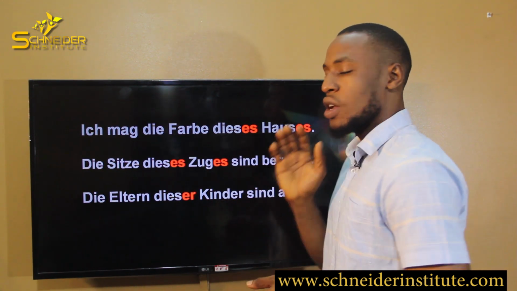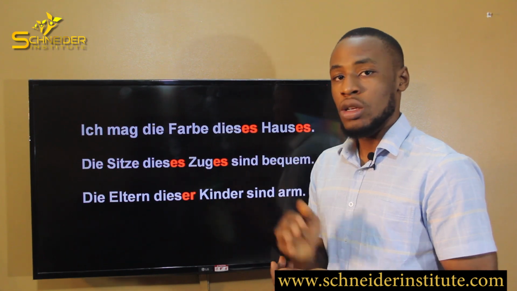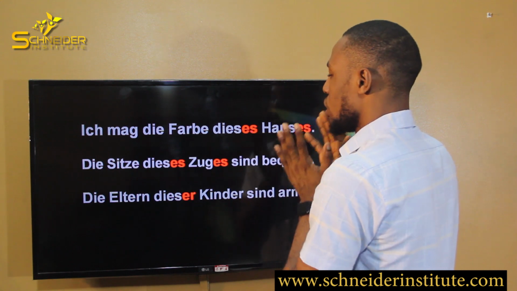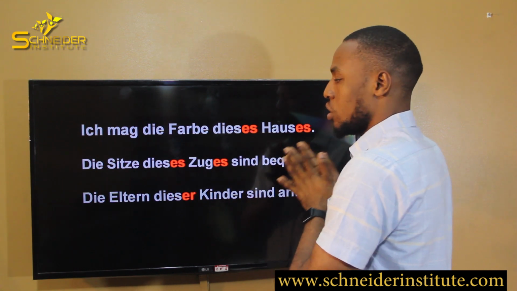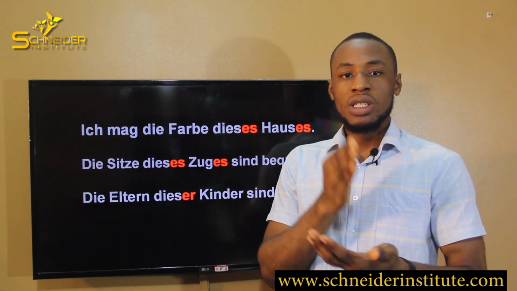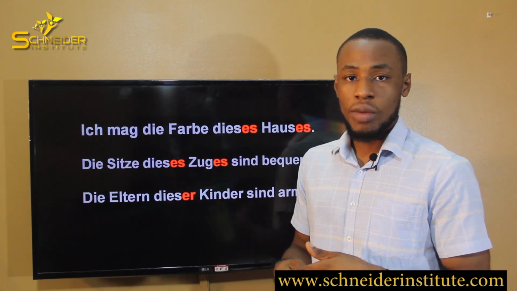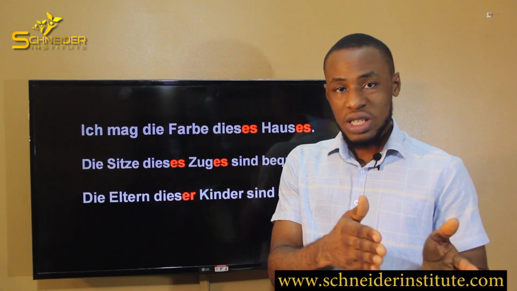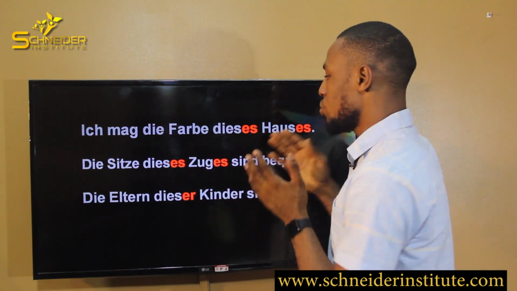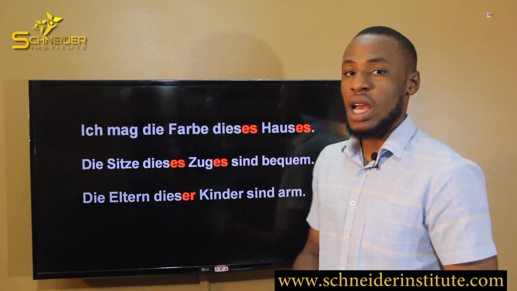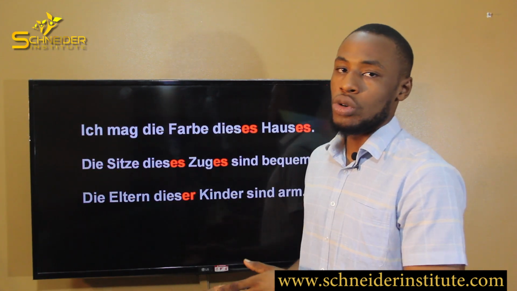So if you master the definite article table and the cases, nominative, accusative, dative, and genitive, then you can apply this properly in your sentence. Don't forget, this and these remain the same in German. In English, you have this and you have these. It's the ending and the noun that determine whether it's singular or plural.